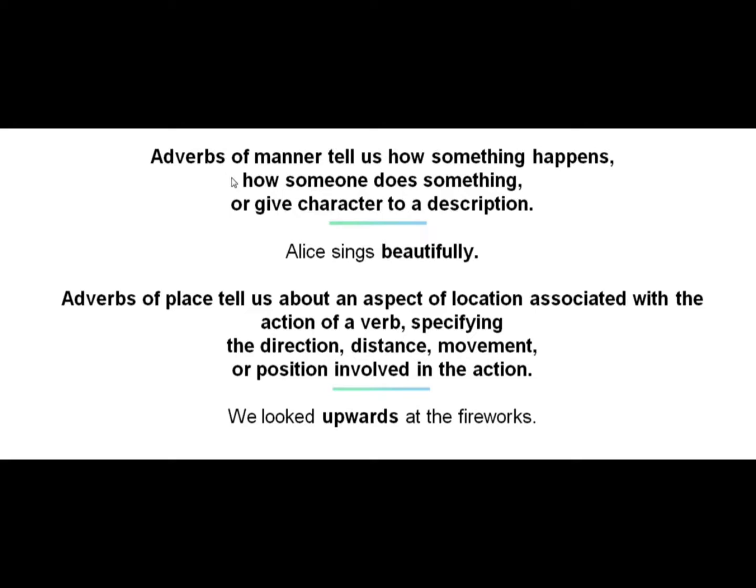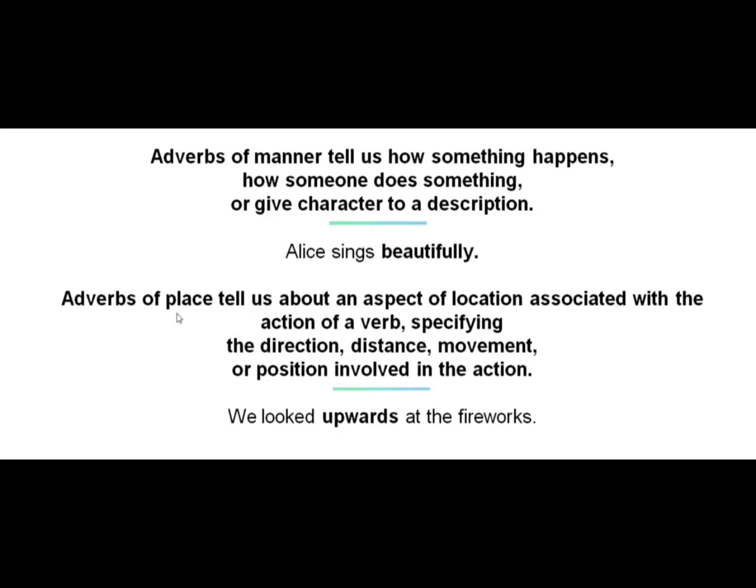Now, adverbs of manner tell us how something happens, how someone does something, or give character to a description. Have a look at the example over here. Alice sings beautifully. Now, the adverb of manner beautifully in the sentence tells us how Alice sings.